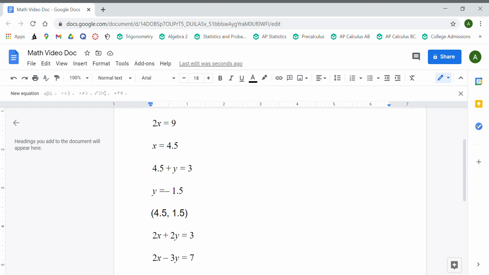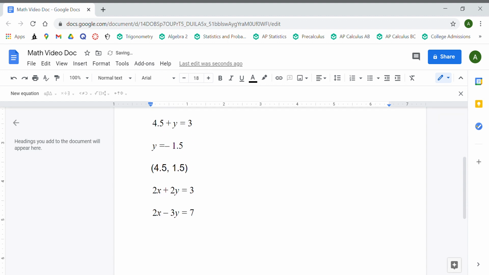If you multiply the entire equation right here by negative 1, then you can cancel out the x terms. It's just like working with integers. Subtracting a number is the same as adding its opposite. So use that tool and try to solve this system of equations.